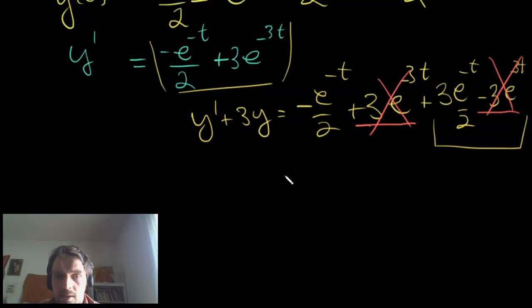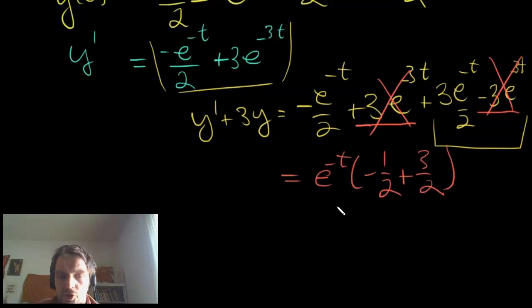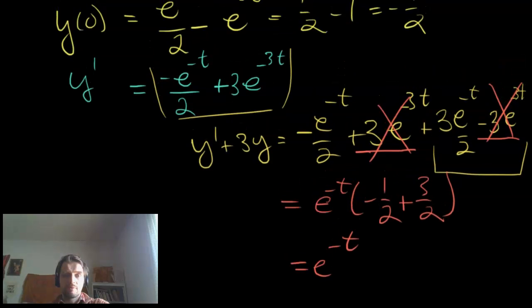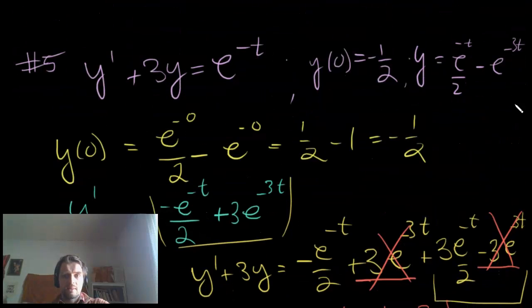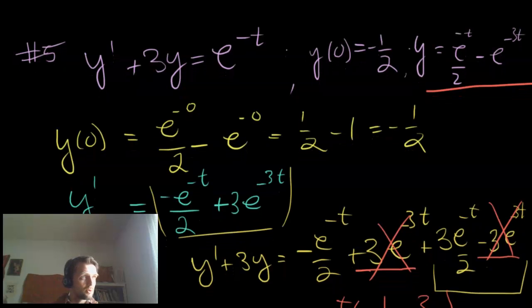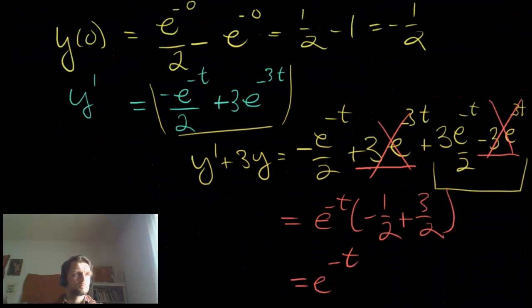And then this other part can be written as, let's just write it as e to the minus t times negative a half plus 3/2, which is just 1, so e to the minus t. Great, there you have it. So that's problem number 5 that verifies that this here is a solution to both this initial value and the original equation, so the whole initial value problem.